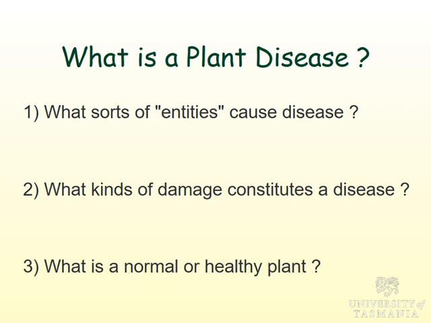Number 2, what kind of damage is a plant disease? How do we define the damage? What kinds of damage would we call disease versus perhaps something else? And the last thing, if your definition of a plant disease is something that's not healthy, what is a healthy plant? Which may sound simple, but is a little bit trickier when you come to define it.